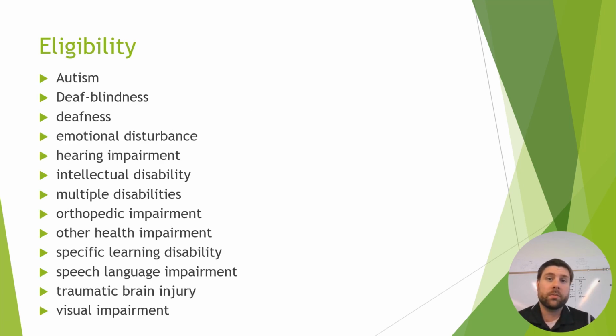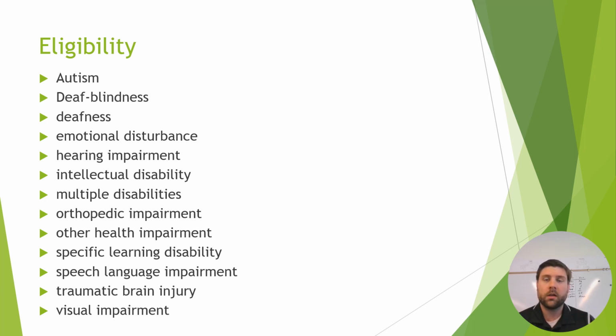The eligible disabilities that are protected under IDEA, the Individuals with Disabilities Education Act, are autism, deafblindness, deafness, emotional disturbance, hearing impairment, intellectual disability, multiple disabilities, orthopedic impairment, other health impairment, specific learning disabilities, speech language impairment, traumatic brain injury, and visual impairment.